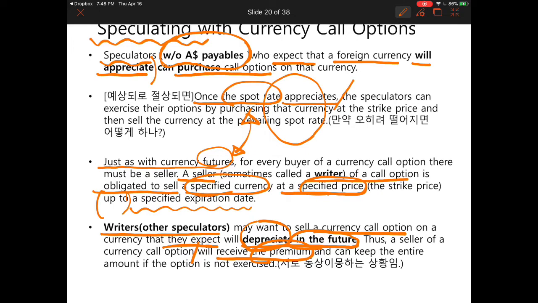The seller expects the price of the house will fall, or at least will not increase. What about the purchaser? He has an expectation that in the near future the house price will increase. So seller and buyer always have opposite expectations. That's why they are trading with each other.